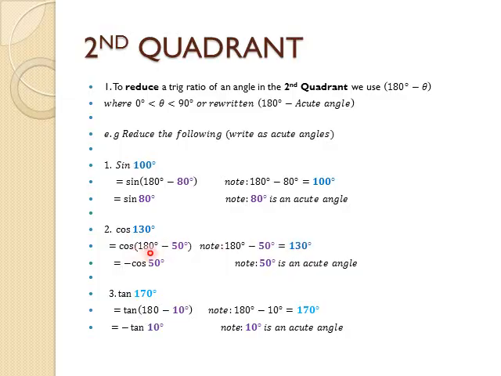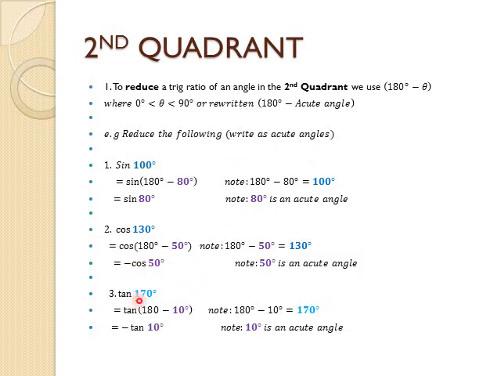Why am I using 180 minus? Because 130 is bigger than 90 but less than 180, so it's in the second quadrant. In the second quadrant, according to the CAST rule, cos is negative, so that becomes negative cos 50 degrees. And again, I've reduced it to an acute angle.